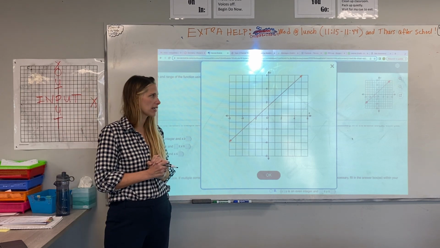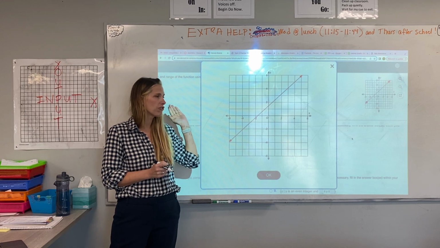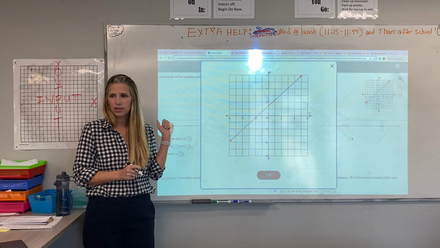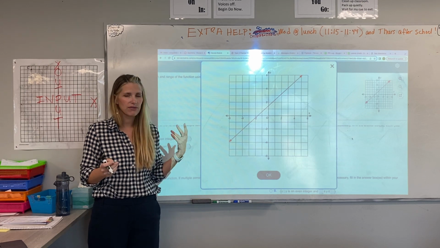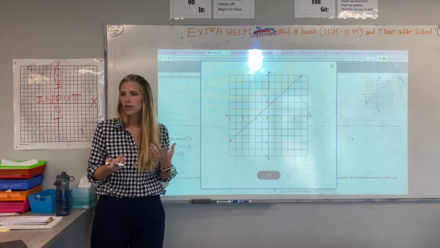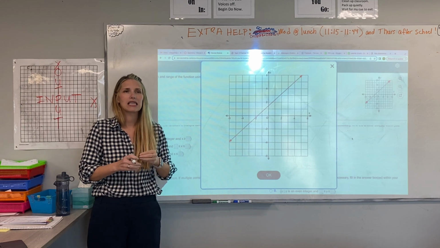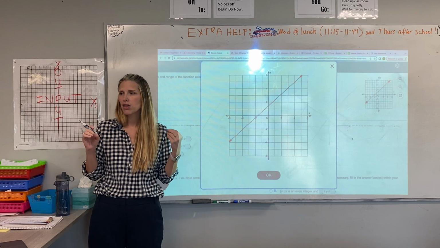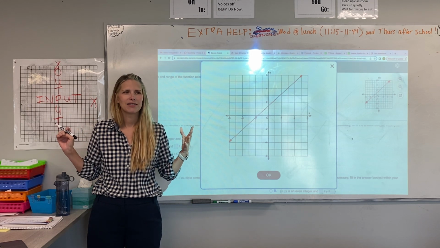And Ricky is correct. Since the line continues forever towards the right and forever towards the left and 0 and everything in between, we would simply say that x is a real number, which means x is literally every single number that you could ever think of and more.